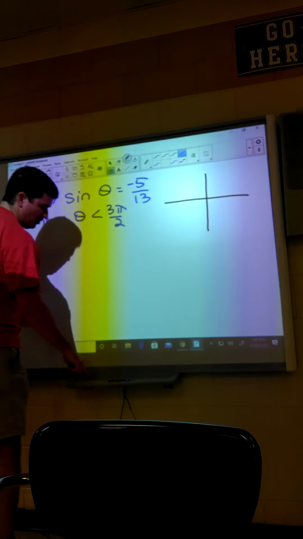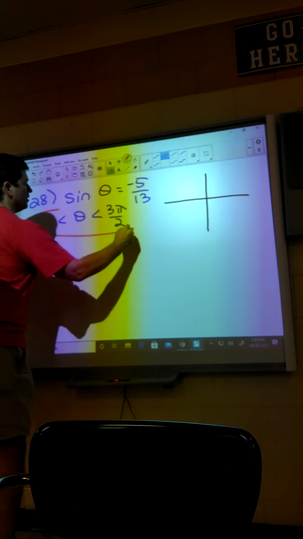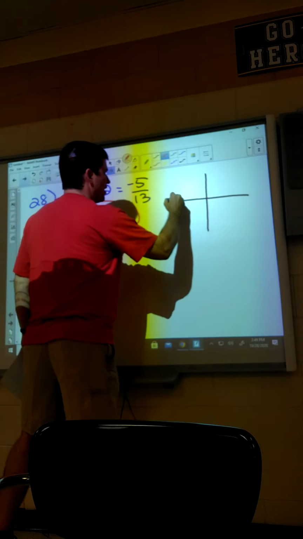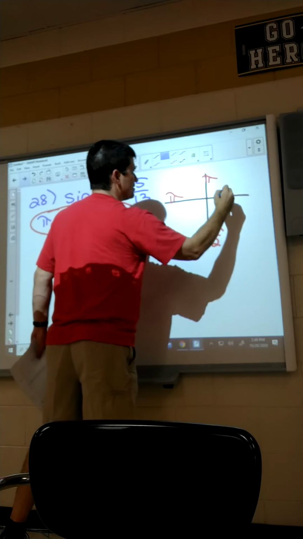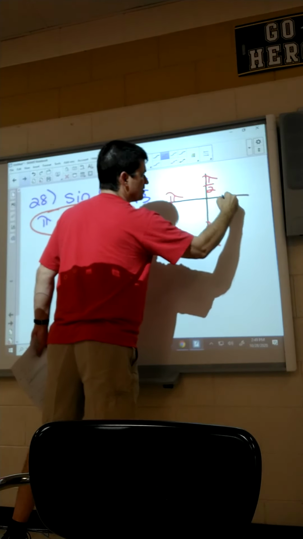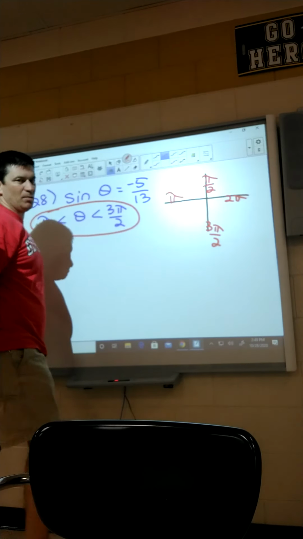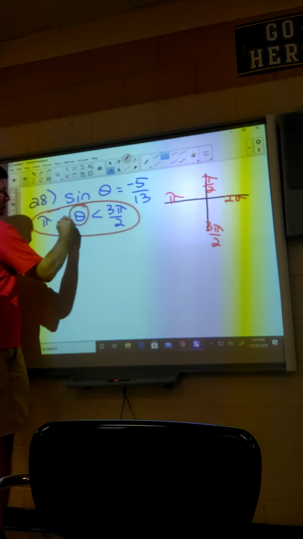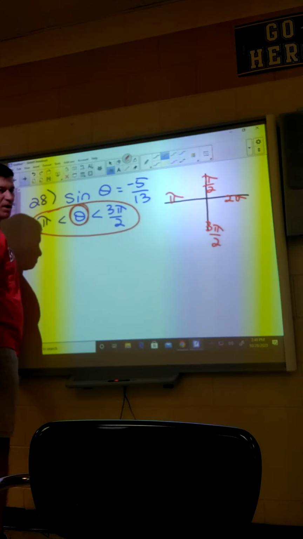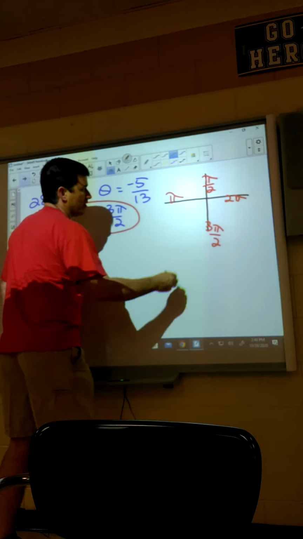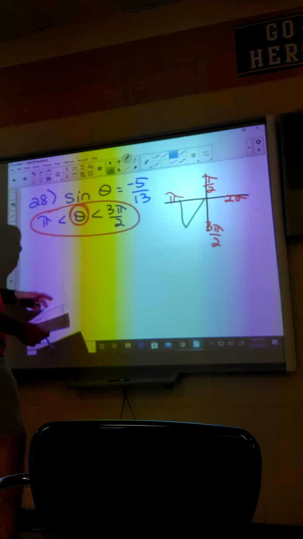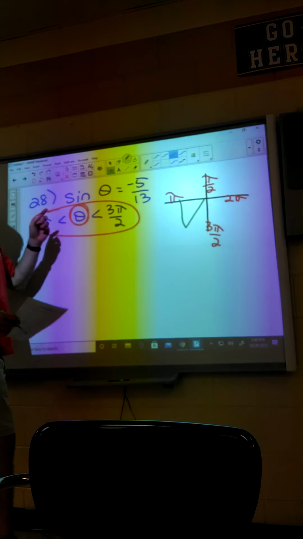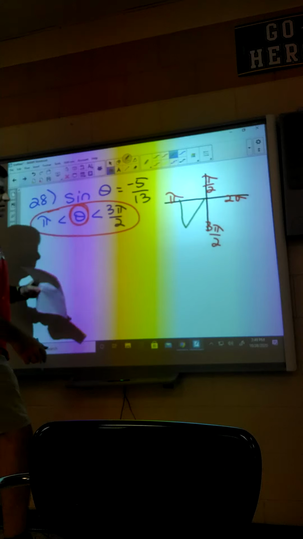All right, if you look on your unit circle, it's going to show you pi is right here, 3 pi over 2 here, pi over 2 there, and this is 2 pi. It's got them all labeled. Well, they're saying put this angle in between pi and 3 pi over 2. So our triangle on this one goes right there, in between pi and 3 pi over 2. I got that by looking at the top right here in the instructions.